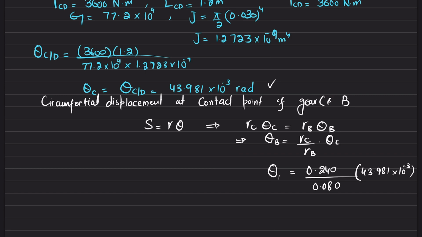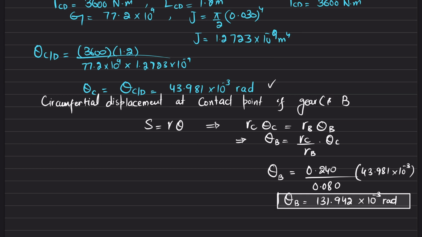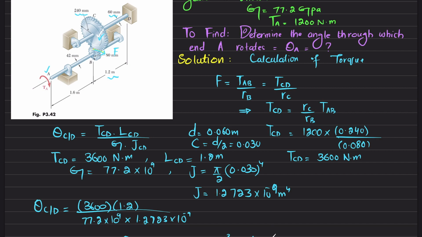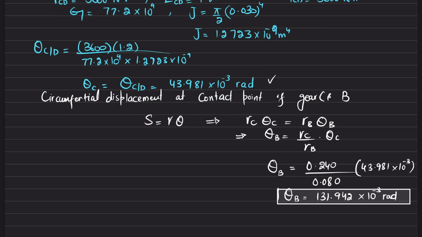So when you calculate it, you will get theta B, angle of twist of point B, will be equal to 131.942 into 10 raised to power minus 3 radian. So it means that this point B or gear B will move this distance. This angle will be theta B. There is twist in this gear.